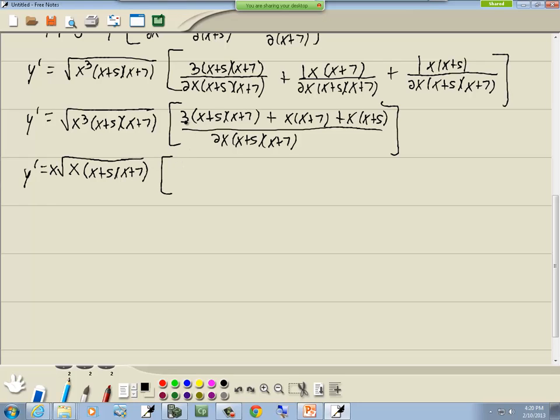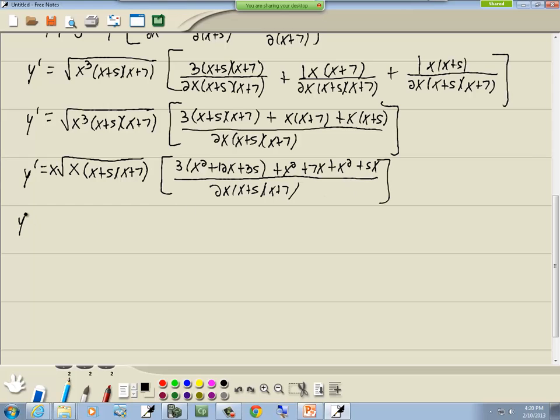And here I got 3 times, I won't show all the steps because I'm running out of room here, x squared plus 12x plus 35 plus x squared plus 7x plus x squared plus 5x all over 2x, x plus 5, x plus 7. And so I got x, square root of x, x plus 5, x plus 7.